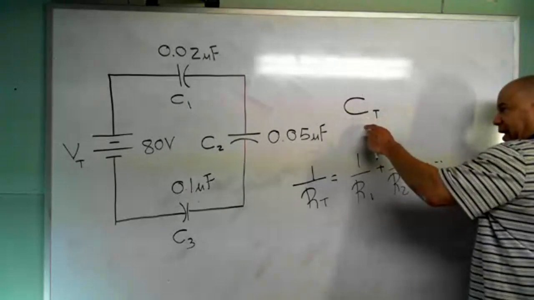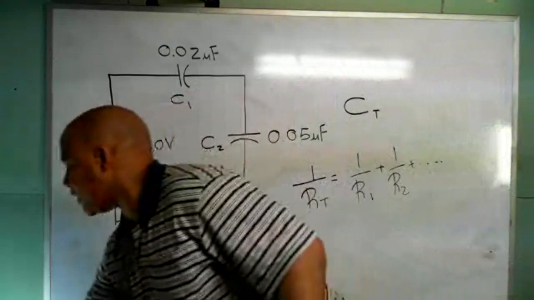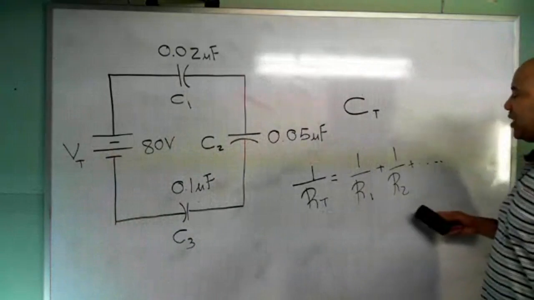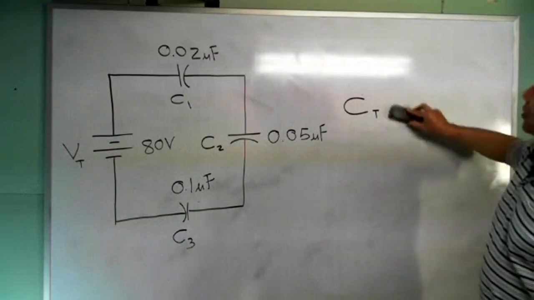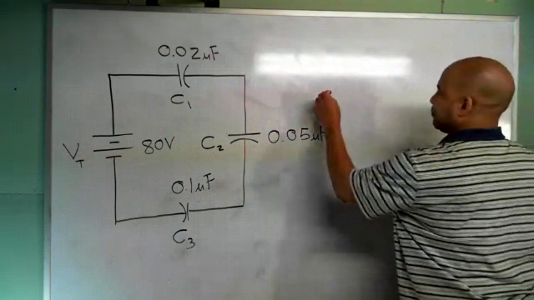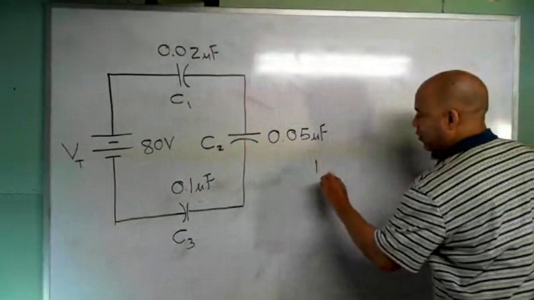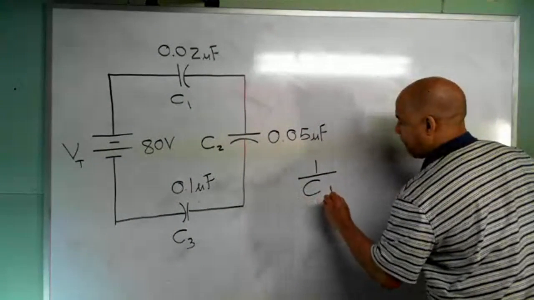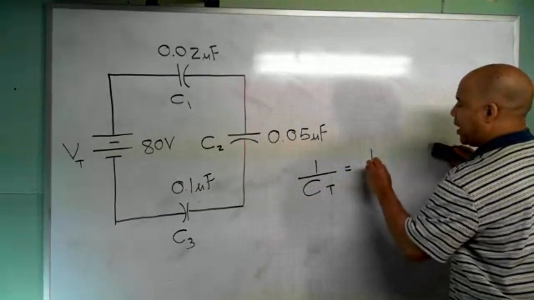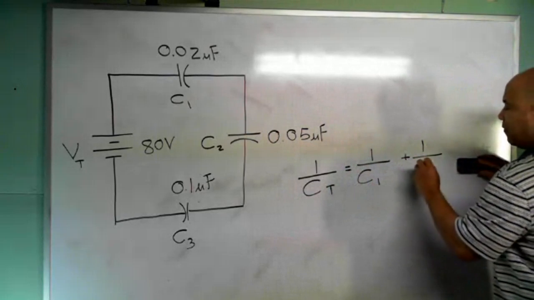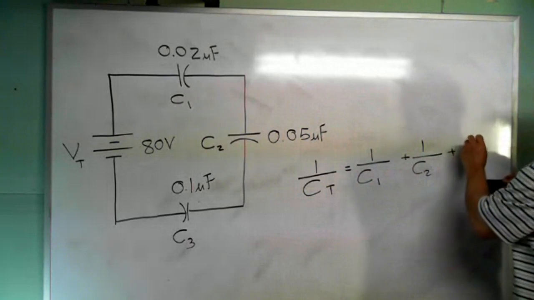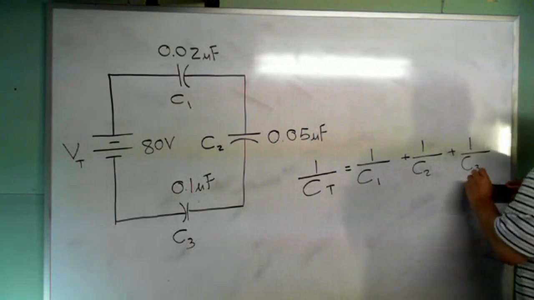So we've got to write the total capacitance like I would write total resistance if I had parallel resistors. So the formula is going to look like this: 1 over CT is going to equal 1 over C1 plus 1 over C2 plus 1 over C3.